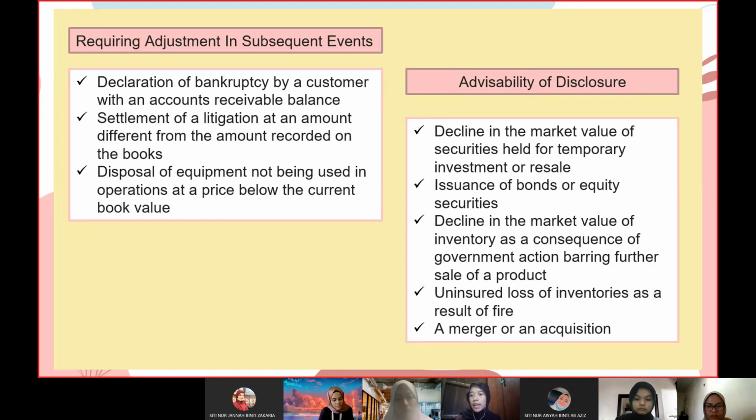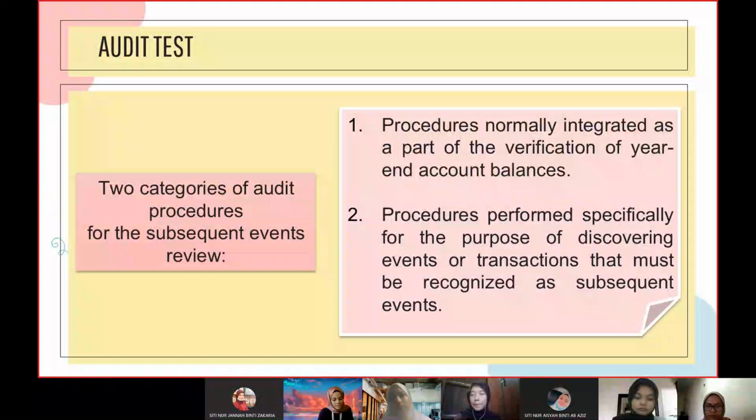Next, a decline in the market value of inventories. Second, uninsured loss of inventory as the result of fire. And lastly, a merger or acquisition. Okay, these are some examples of the advisability of disclosure in subsequent events. Okay, next.